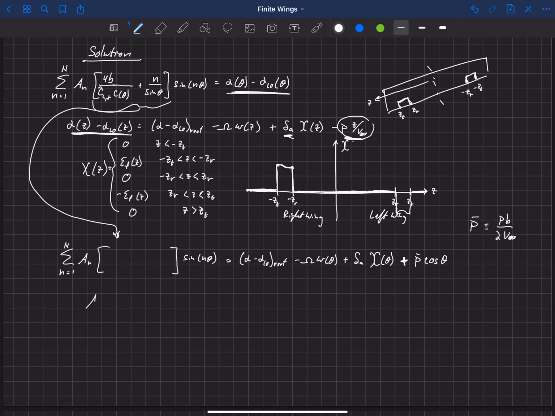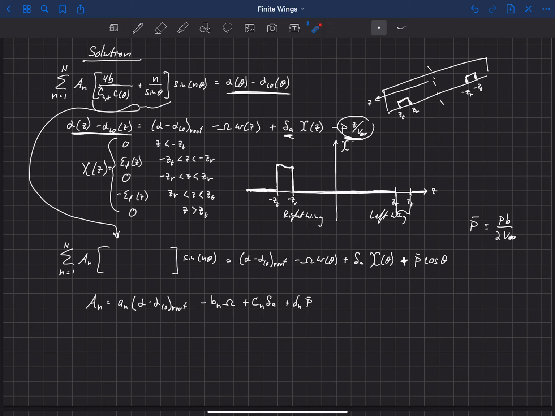So we're going to define capital AN as little an times alpha minus alpha L0 at the root, minus b sub n times capital Omega, plus c sub n times delta A, plus d sub n times p bar.